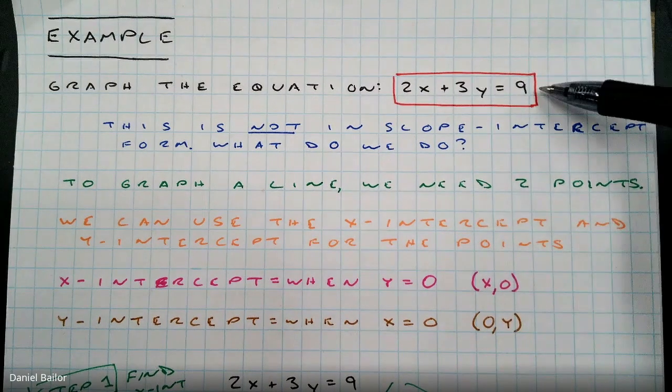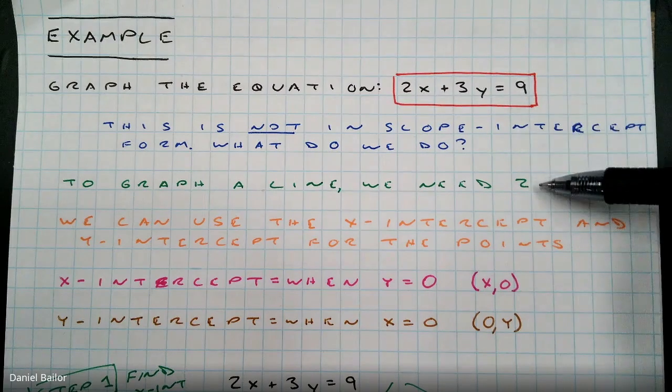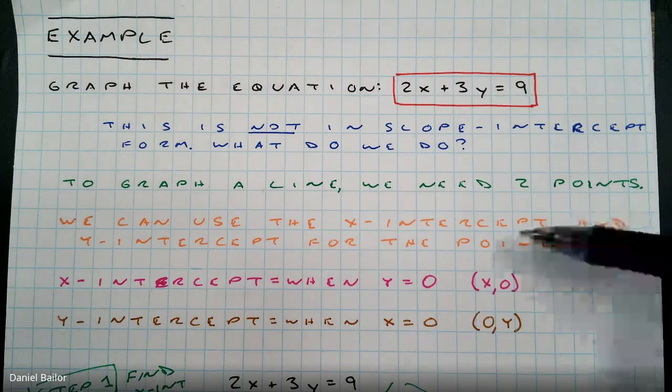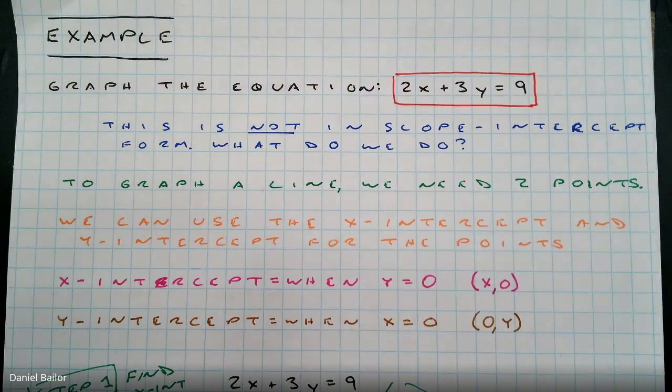Well, if this is our equation, and we need 2 points, we can use the x-intercept and the y-intercept for the points. So because we know we need 2 points, let's use the x-intercept point, and let's use the y-intercept point. Now, here's a reminder of the vocabulary.